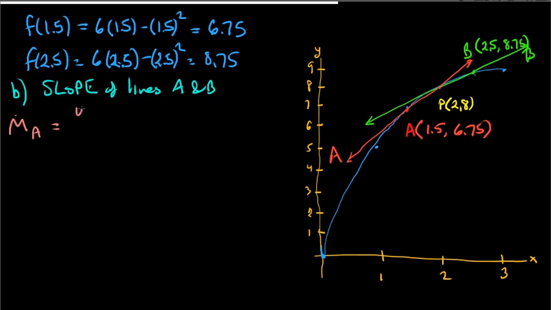That's something you should know by now: y2 minus y1 over x2 minus x1. Rise over run, right? Which you want to call your x1 and y1 doesn't matter. I'll call this x1, y1, and then for point P, this will be x2, y2.